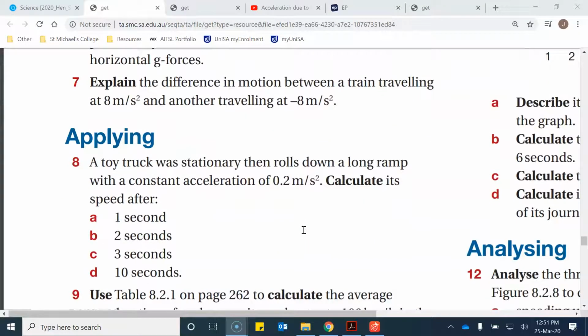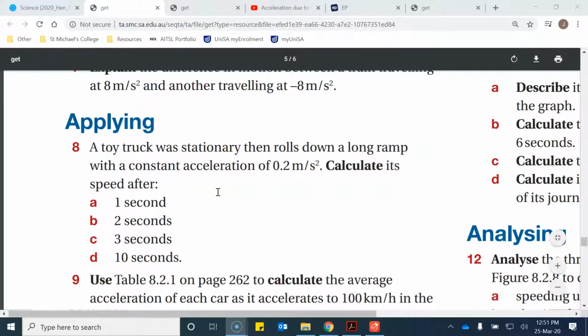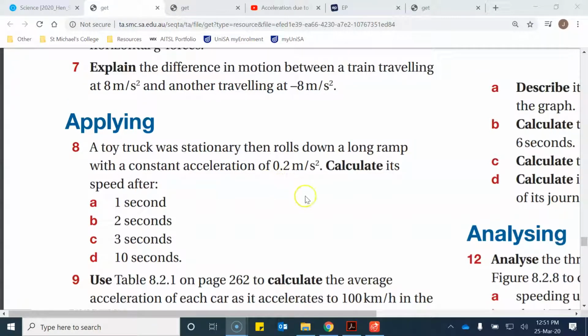Alright, now, this is the one that I reckon people might have got stumped on, but I'm not sure. A toy truck was stationary, then rolls down a long ramp with a constant acceleration of 0.2 meters per second squared. Calculate its speed after 1 second, 2 seconds, 3 seconds, and 10 seconds.